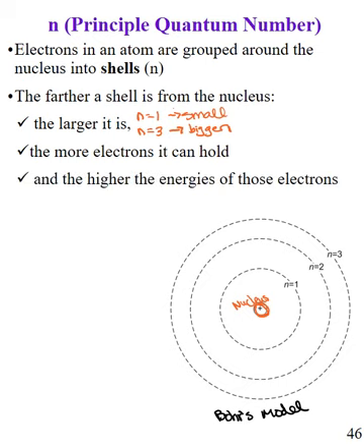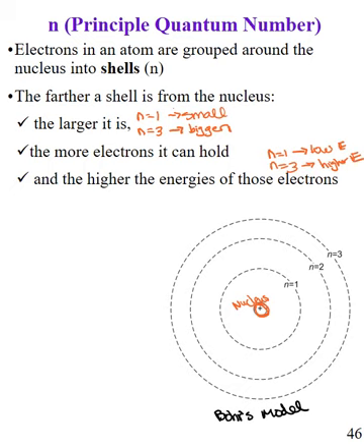And the further electrons are from the nucleus, the higher their energies. N equals 1 is going to have very low energy. With n equals 3, you're going to have higher energy. You can think of this as how tall a building is.